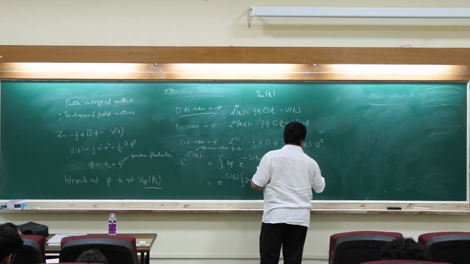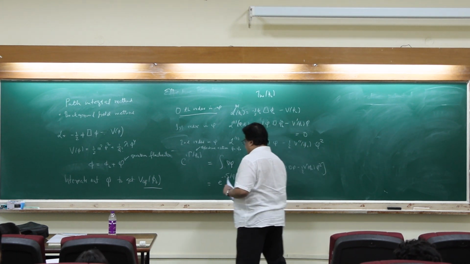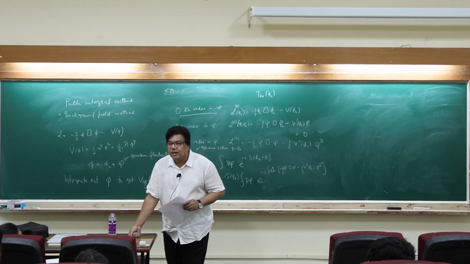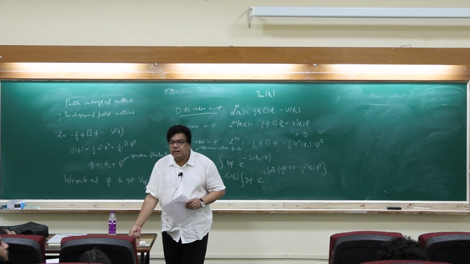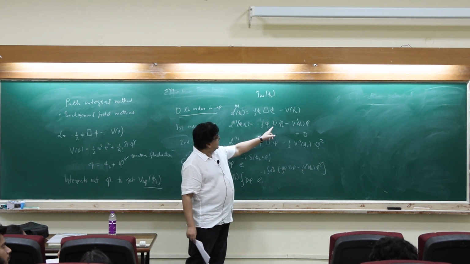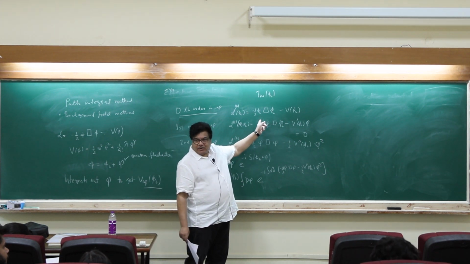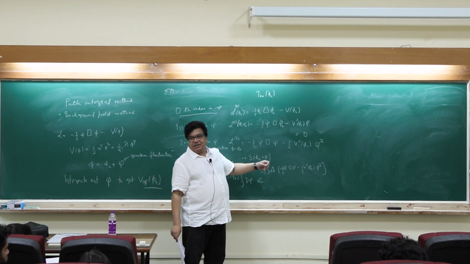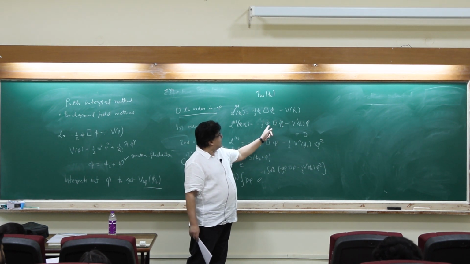Yeah, but you can integrate by parts and make this operate on phi b, and then the same equation of motion gets. So this will work for phi b here or here, the same.